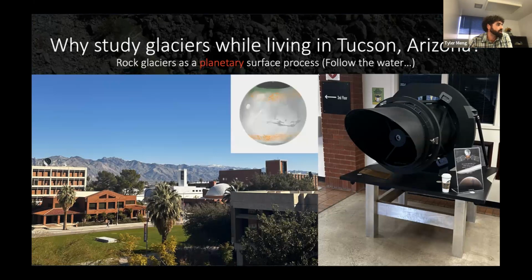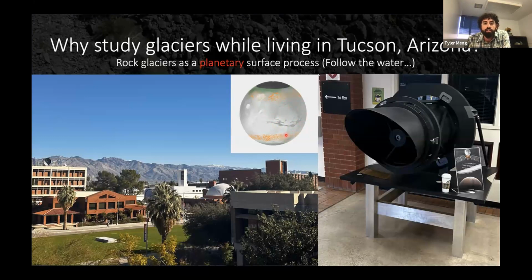So here I just have a quick little globe inset showing a topographic hillshade of Mars. You can see the famous Valles Marineris Canyon here close to the equator of Mars. But I want to draw your attention to these orange and green bands that I've highlighted along the mid-latitudes of Mars. Those are all mapped ice deposits.